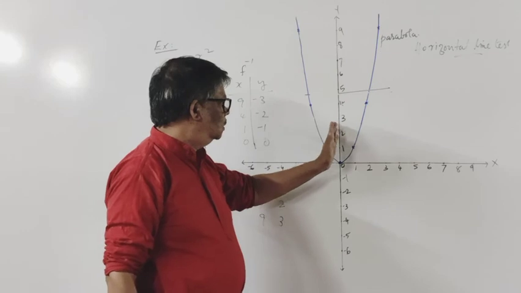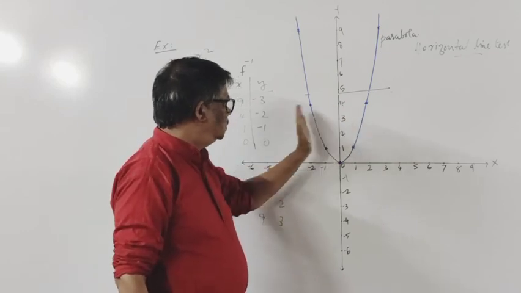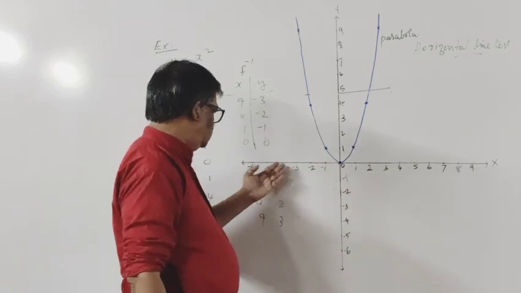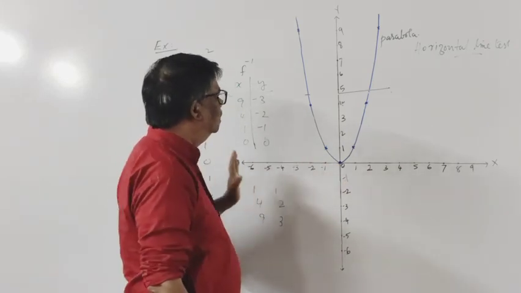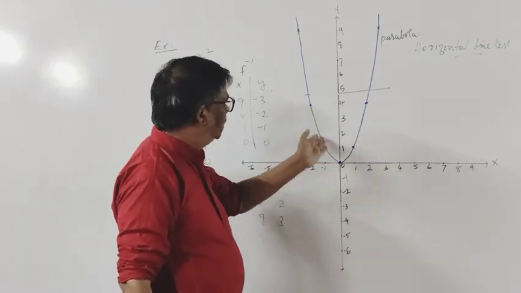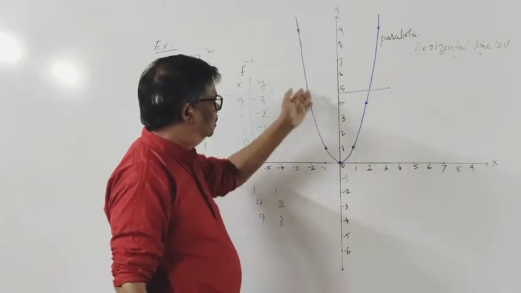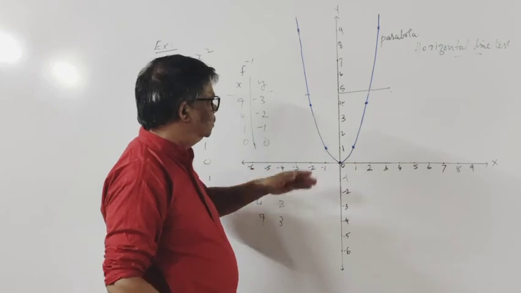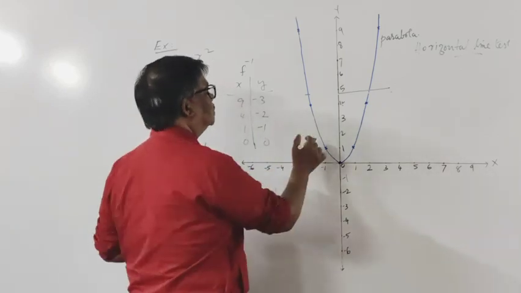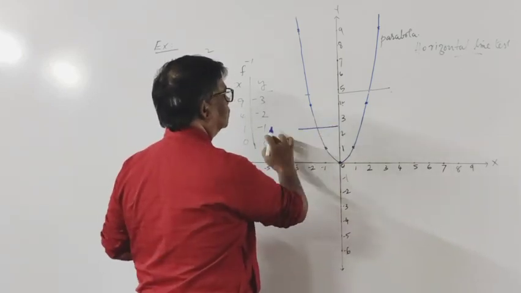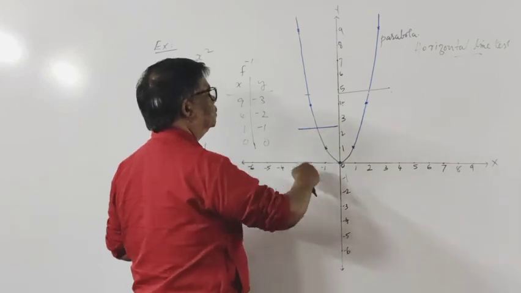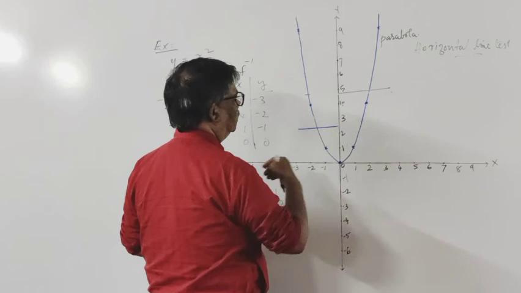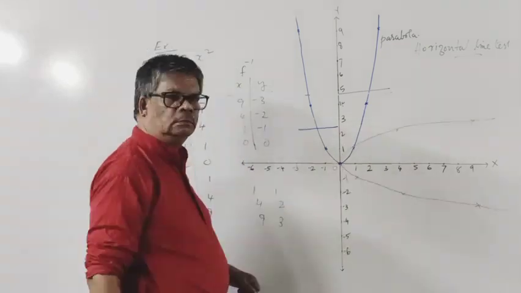Again, if you consider only this left part, that is, the domain is restricted to the negative part of the x-axis, this curve will be invertible because it will pass the horizontal line test. This horizontal line is meeting the curve at one point, and its inverse we can find out.